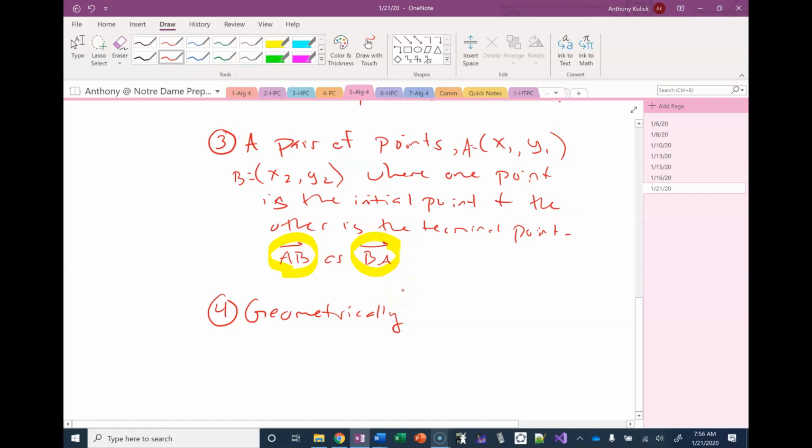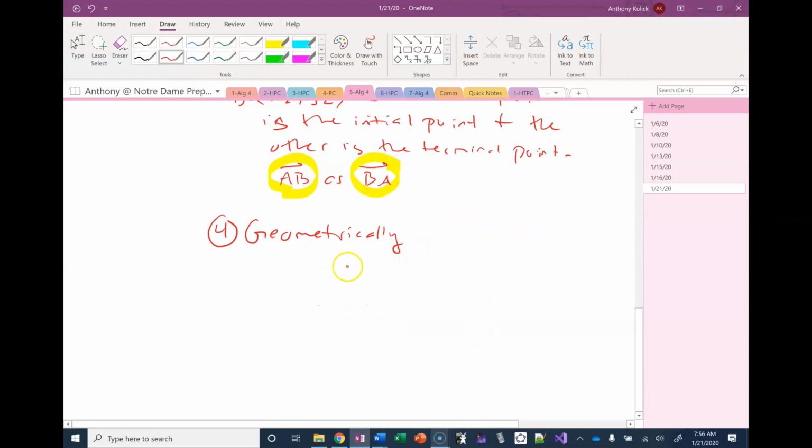And the fourth way we'll deal with here in this chapter is talking about a vector geometrically. So in a geometric setting, if I talk about the vector AB, I'm going to have an arrow that has a beginning and an end.